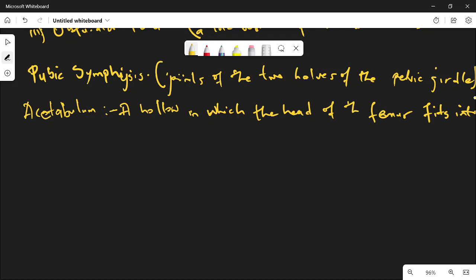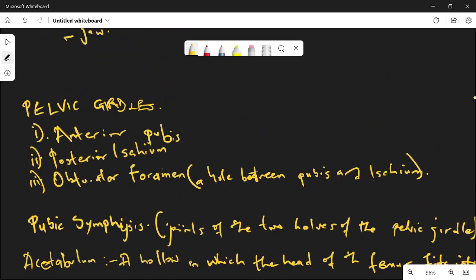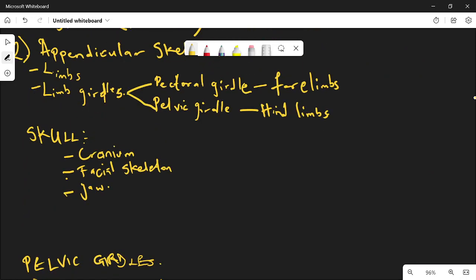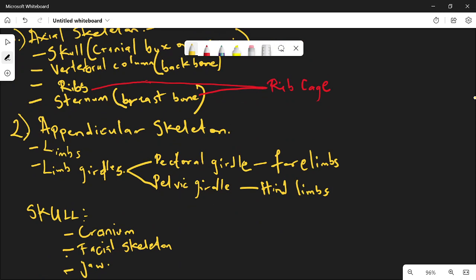So I was trying to explain something earlier on. While I was explaining the exoskeleton, I said it has the skull, the vertebral column, the ribs, the sternum, and then I said the skull has the cranial box or the cranium.